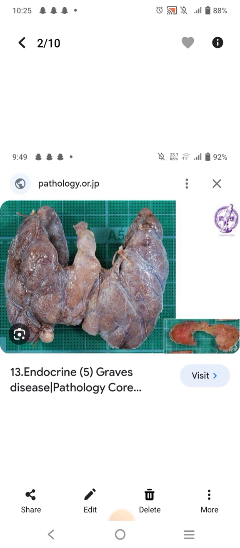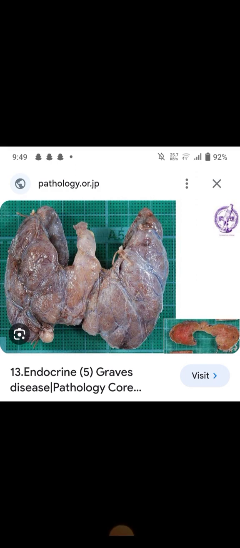So I have explained the morphology of Graves' disease, and one more thing I want to add is that in Graves' disease, there are episodes of hypothyroidism as well as hyperthyroidism. It is many times asked in your exam why this occurs. Then your answer is that it occurs because two types of antibodies are involved in its pathogenesis.